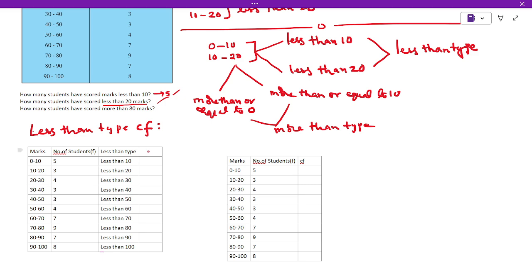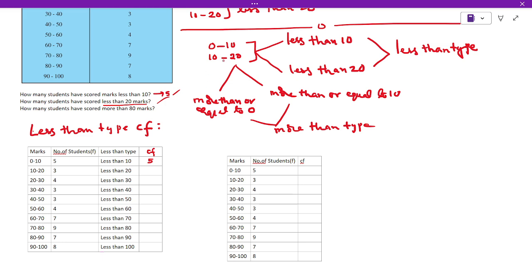Now let us come to the cumulative frequency. Less than 10 means these 5 represent the number of students who got marks less than 10, starting from 0. So it will be 5 only, right? And the second one, less than 20.